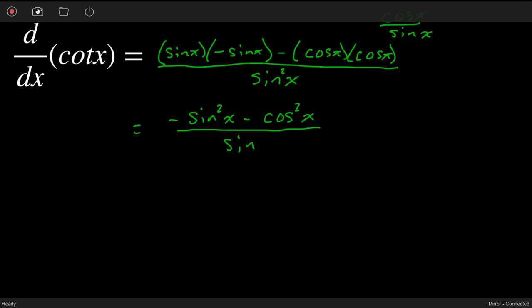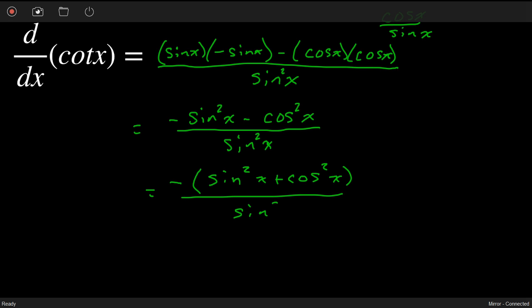over sine squared x. In the numerator, you can factor a negative out of both terms, which would leave you with negative parenthesis sine squared plus cosine squared. I'm sure you can see where this is going now.